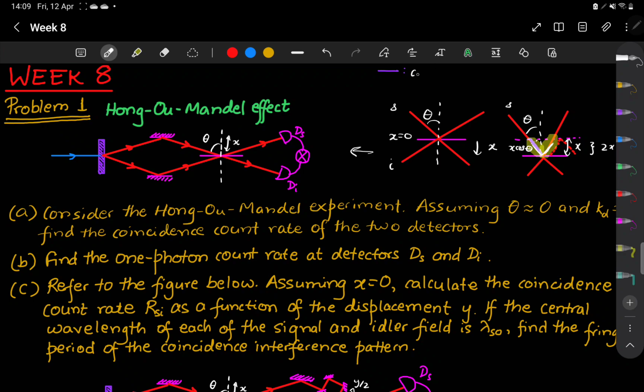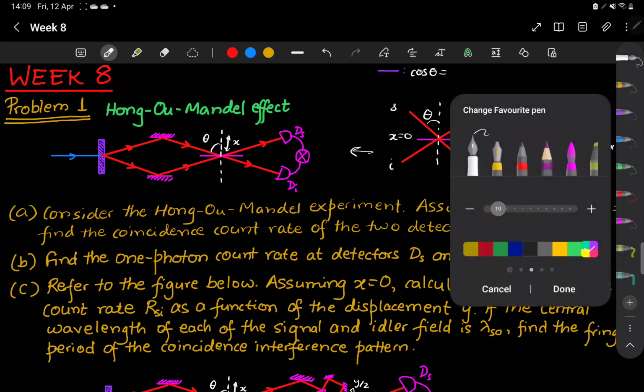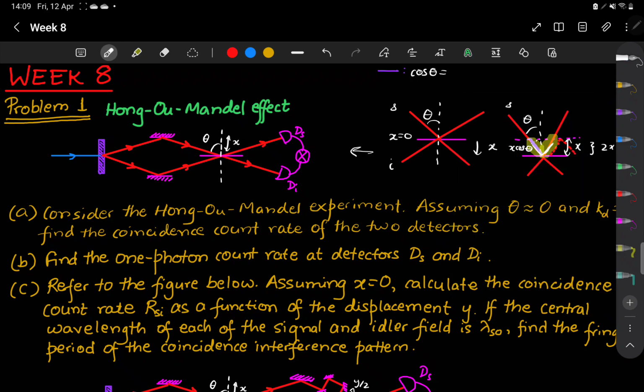So cos theta will be x divided by that extra path length.